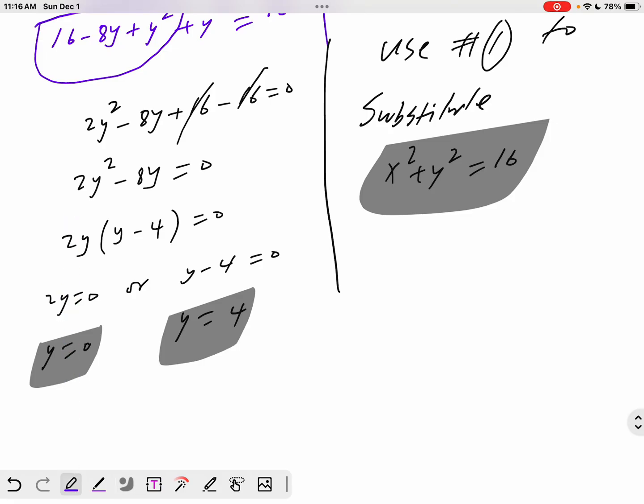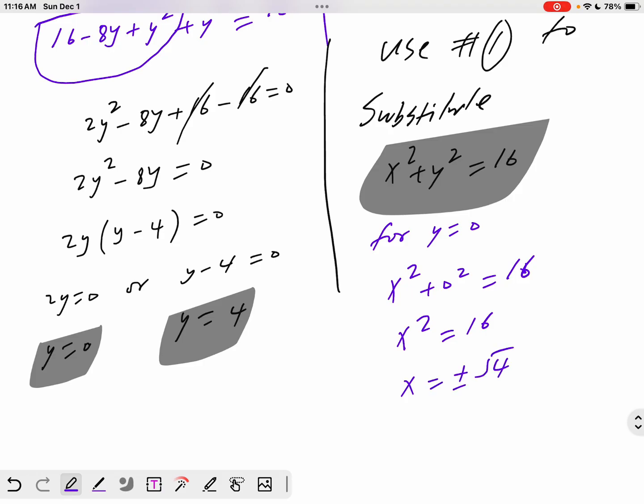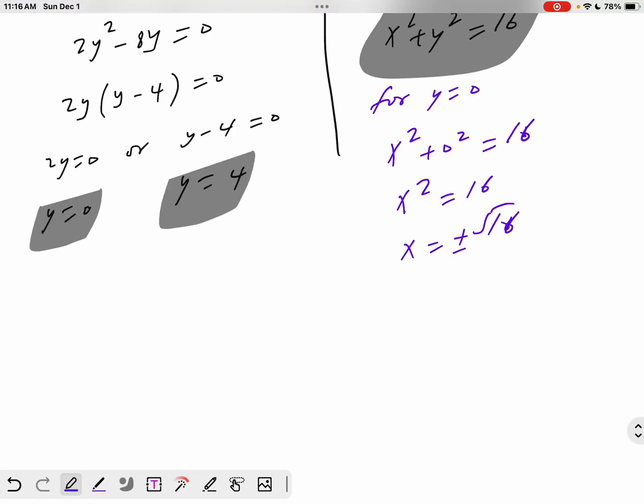But then y is 0. So for y equals 0, x squared plus 0 squared equals 16. And then x squared equals 16. x equals plus or minus the square root of 16, which is 4. Make sure you're not confused. So it's x equals plus or minus 4.